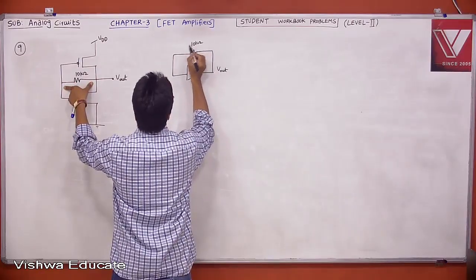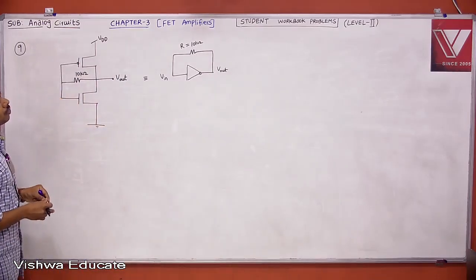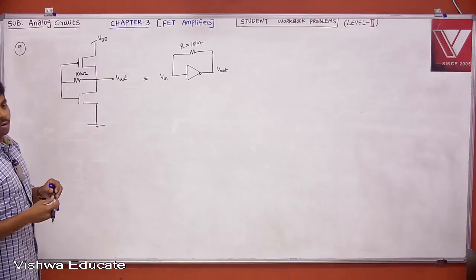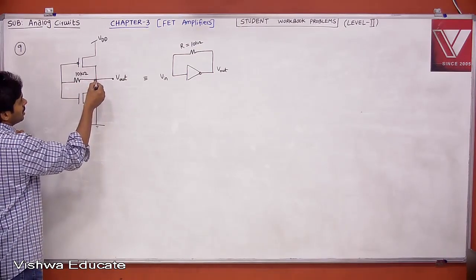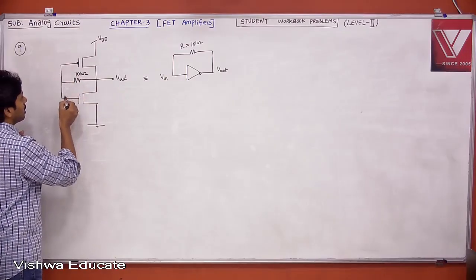But if you observe clearly, irrespective of the resistance value, what is the current flowing through the 10 kilo ohm? Let us say there is some current, then that current has to go through the PMOS gate, NMOS gate.